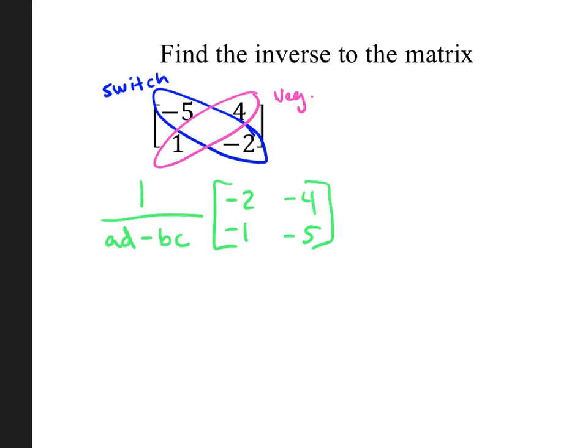And then we need to find what A times D is, so what's A times D? 5 times negative 2? 10. And B times C? 1 times 4? 4. What's 10 minus 4? 1/6.